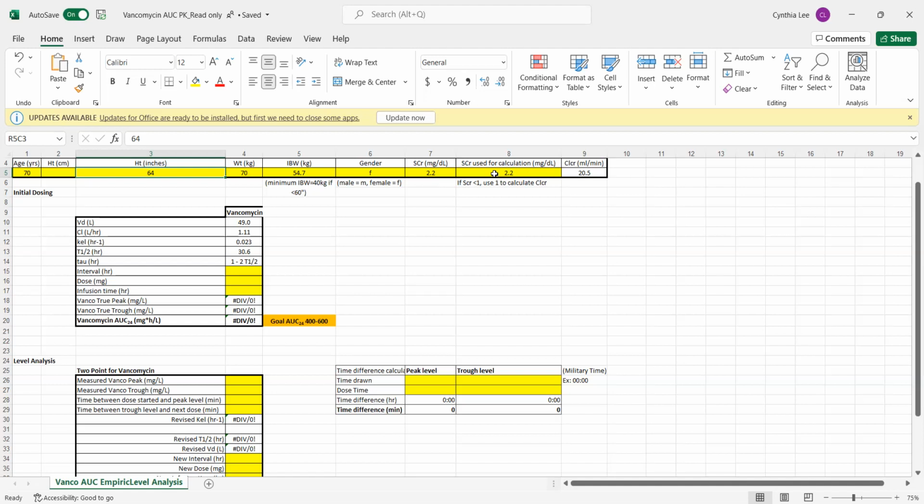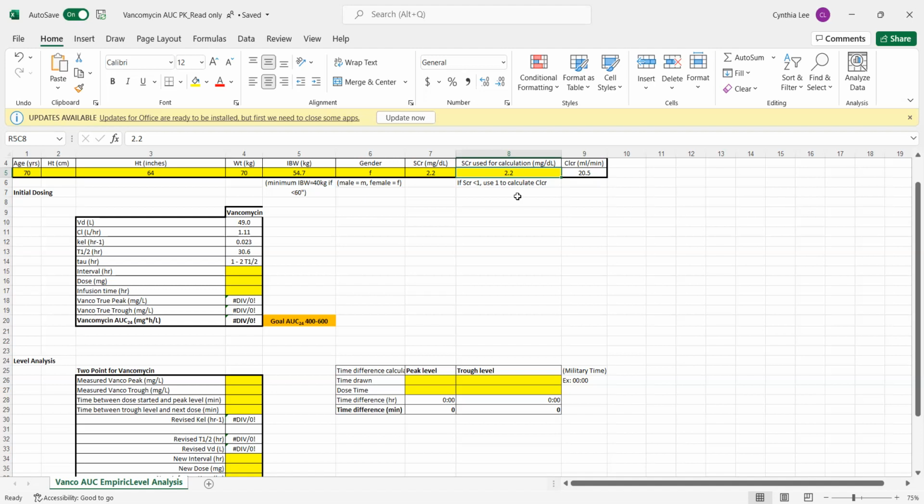And this is just the serum creatinine that you use for the calculation in the bottom. Okay, now we're just doing the initial dosing. Why do we have two different columns for the serum creatinine? Because when somebody has normal renal function but they're elderly, a lot of times we threshold them to 1 essentially.